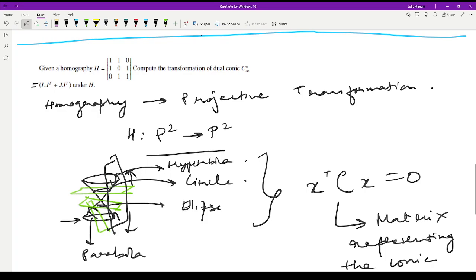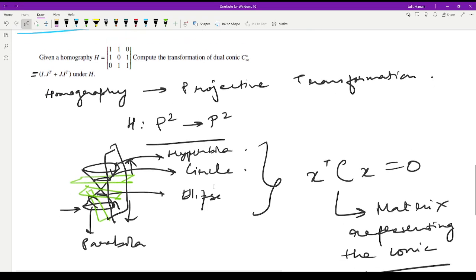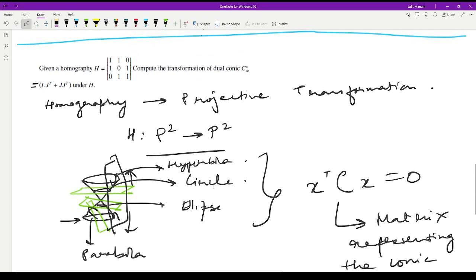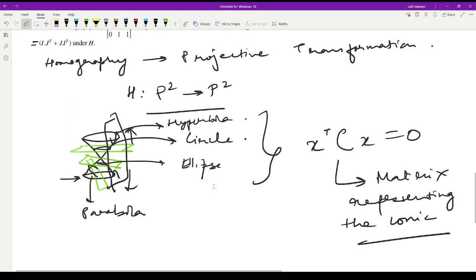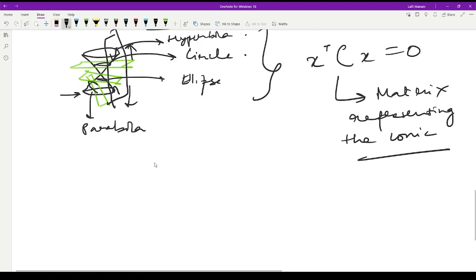So we have the transformation of the dual conic. So what is I and what is J? These are all based on the lectures, by the way. The point I is (1, i, 0).